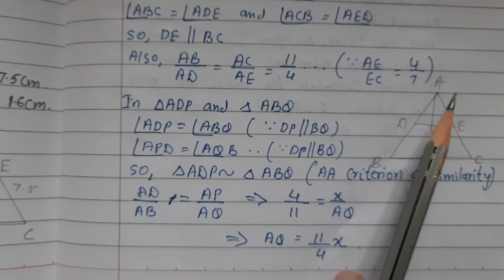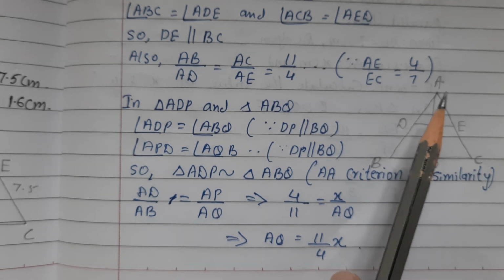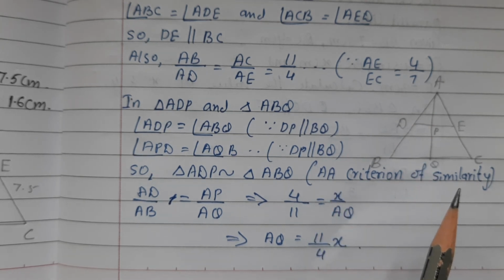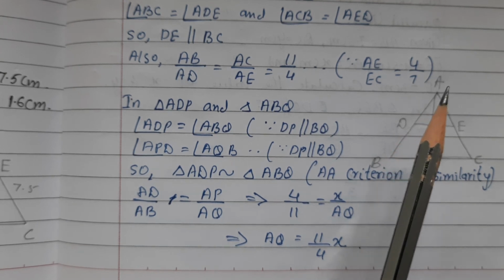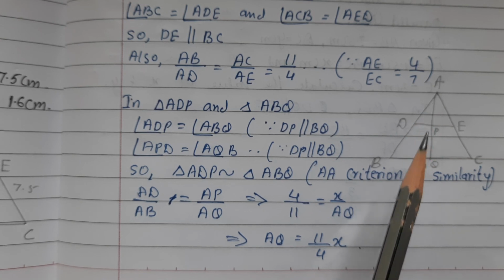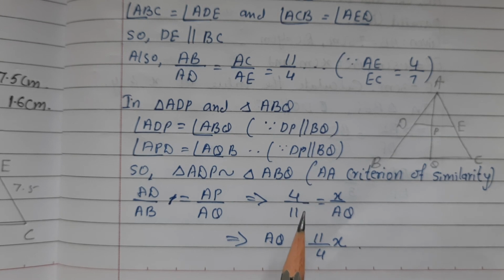So triangle ADP is similar to triangle ABQ by AA criterion of similarity. Therefore AD upon AB is equal to AP upon AQ. AD upon AB is 4 upon 11 is equal to x upon AQ. Therefore AQ is equal to 11 upon 4 x.